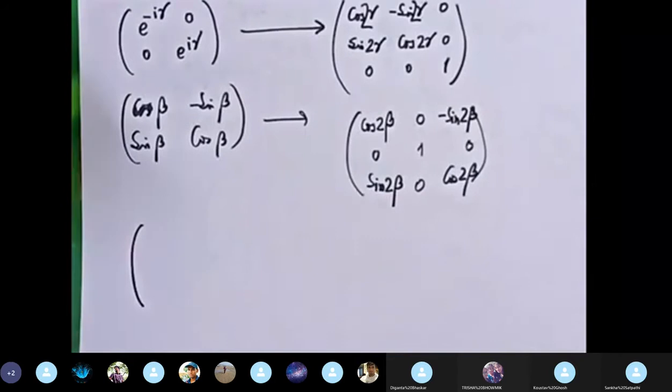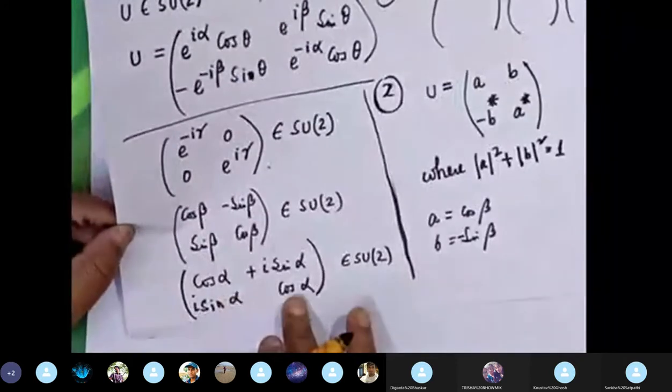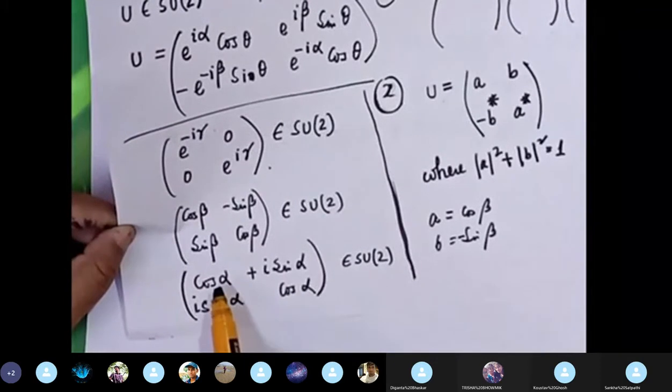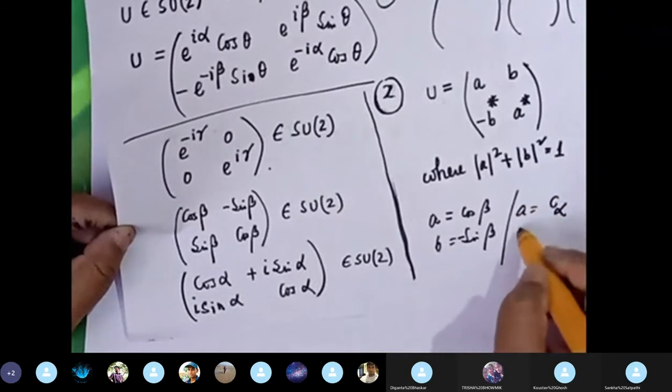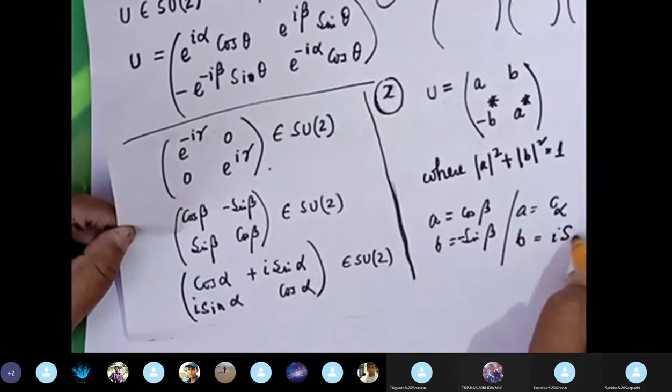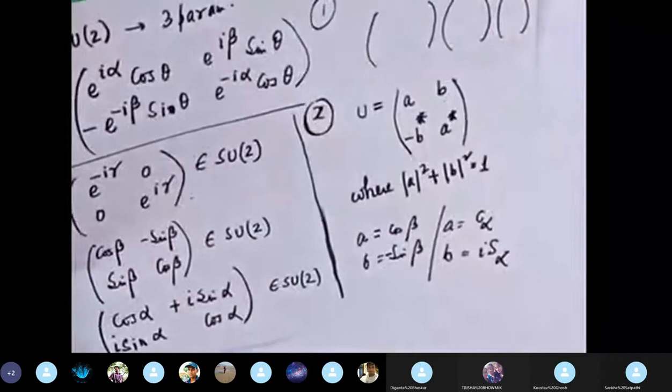All that is remaining is this matrix, alpha. So here A is cos alpha, B is I sin alpha. A is real, B is purely imaginary.